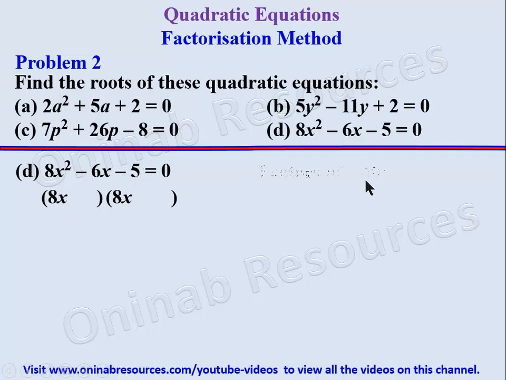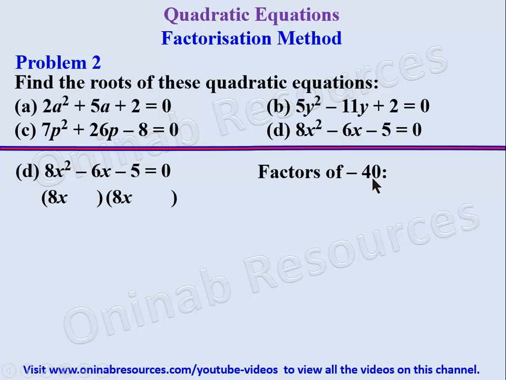So we are looking for two factors of negative 40, since 8 times negative 5 is negative 40. Now the sum we are looking for is negative 6. And we should know that of the two factors we are looking for, one must be positive and one must be negative. Only that the larger number will take the negative sign. Yes. We can't go with 1 and 40. No. We can't go with 2 and 20. No.